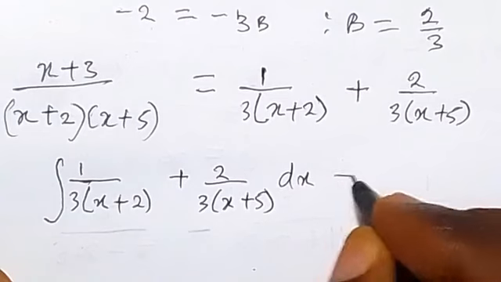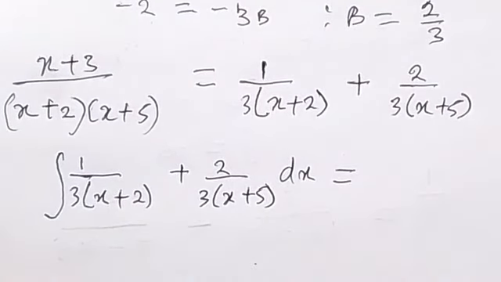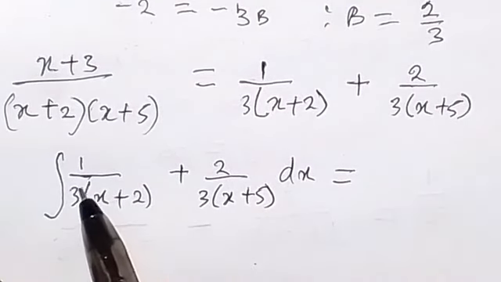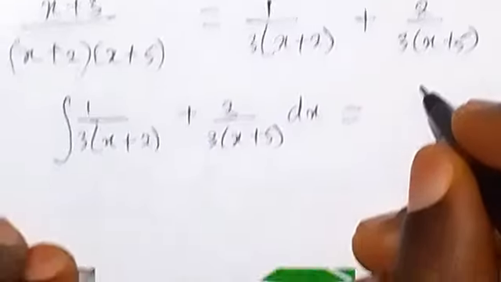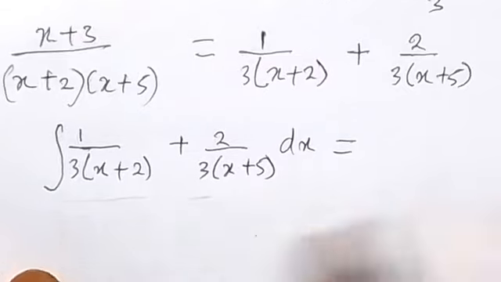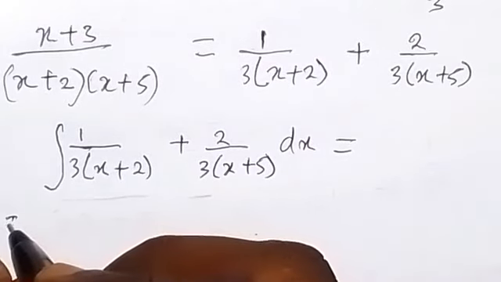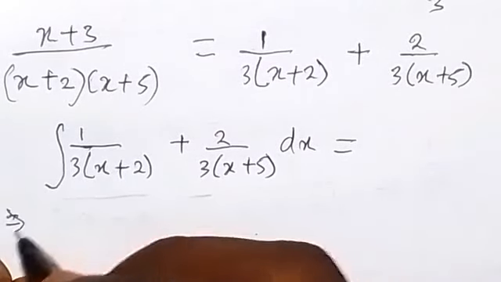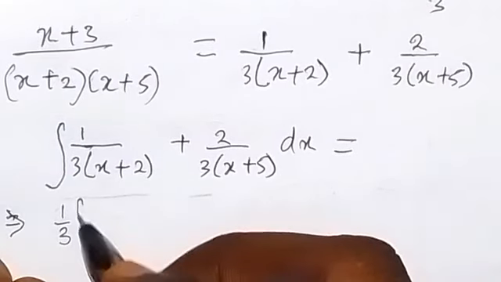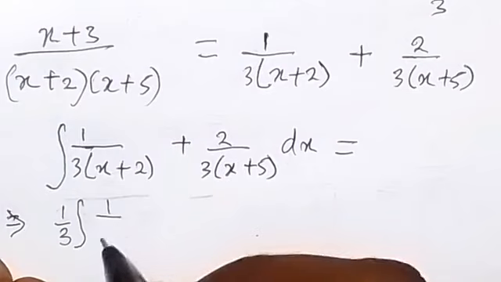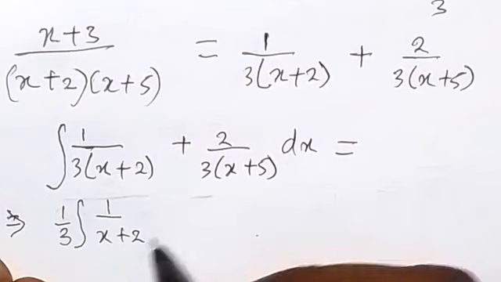We can write the same thing as, when we take the constants out, 1 over 3 can come out, and this will be 1 over 3 times the integral of 1 over (x + 2) dx.